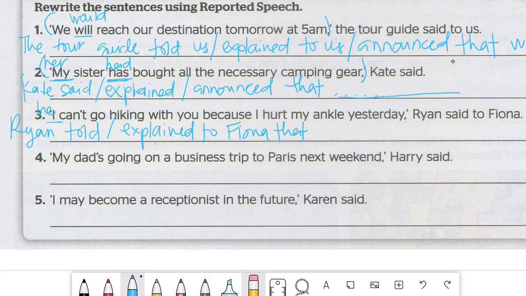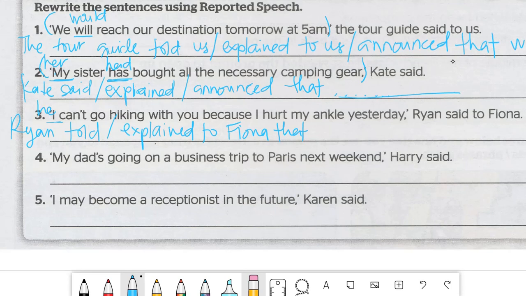His is to show possession. But in this sentence, in Ryan's speech, there's no indication that he wants to talk about his belongings. He just wants to talk about his condition, his situation. So he cannot go hiking.